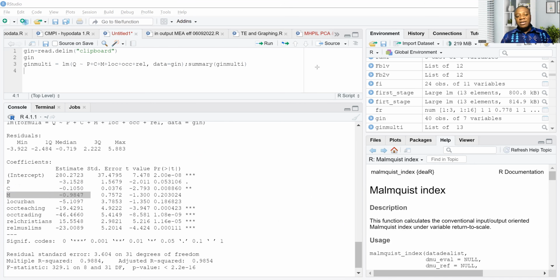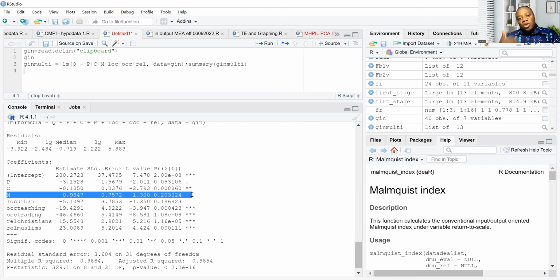So he said, location of the shop, occupation and religion of the people. Then he says, a 1 unit increase in income decreases. Why decreases? Because of the negative. Decreases the quantity demanded of gin bitters by 0.98 units. That is how you do the interpretation.